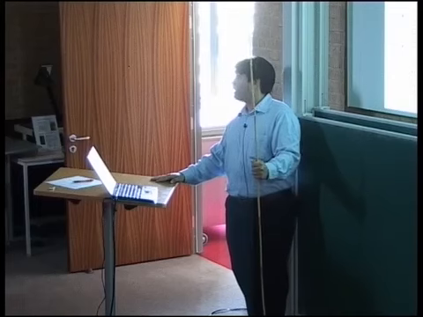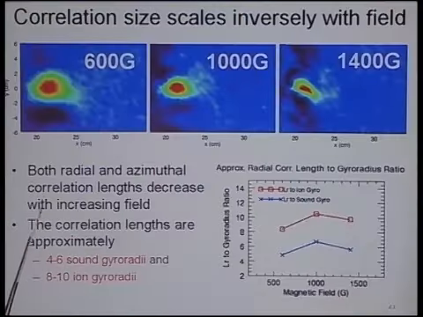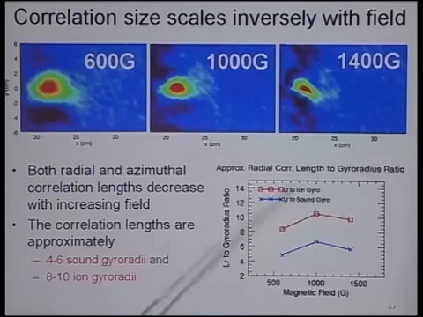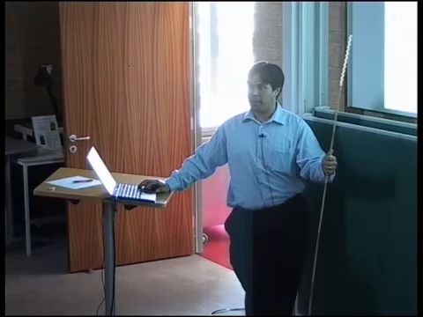Sure. In what way? I'm sorry? In what way are you thinking that the Braginskii model is insufficient? Well, specifically, if you look at the plot here, if our structures are related to the sound gyro radius, so the size of what's going on isn't that much larger than what's going on at the ion gyro radius, presumably kinetic effects would start to come in.